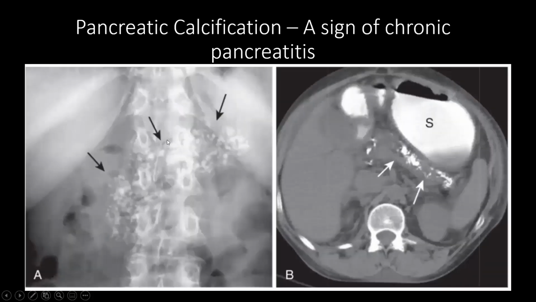Okay, we can see other calcification, which is the calcification that indicates chronic pancreatitis. In chronic pancreatitis, when I have multiple bouts, fat saponification happens in the pancreas, and I have entrapment of calcium.